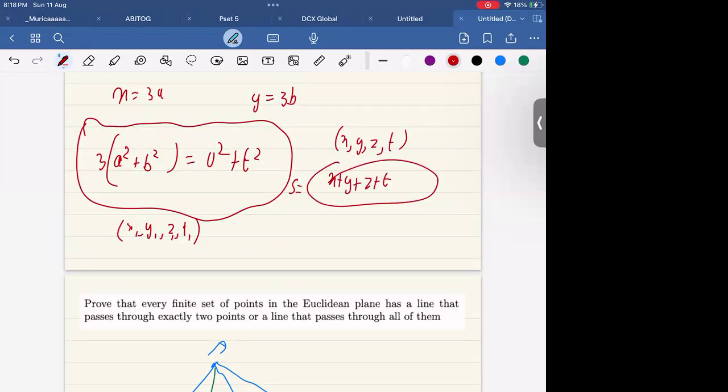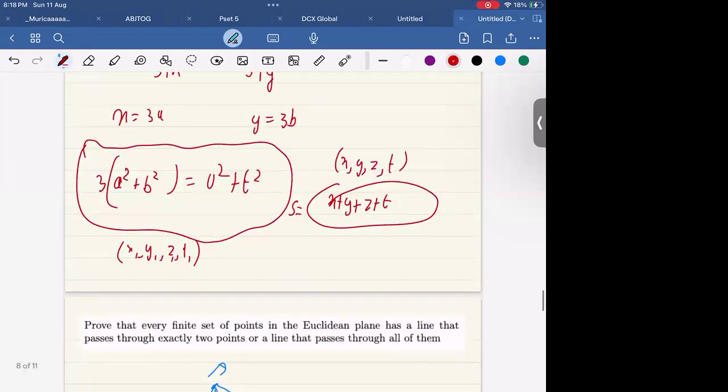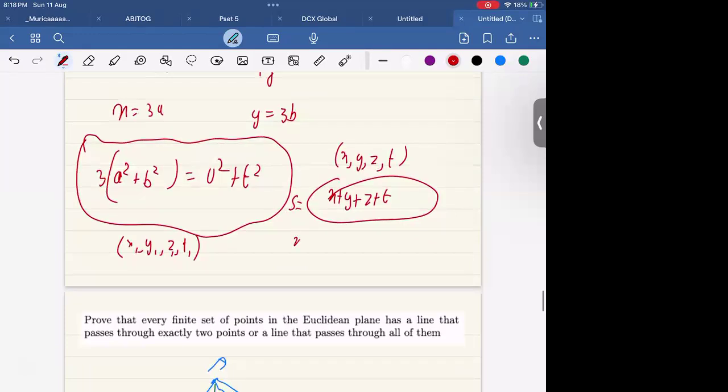But through our procedure, we get that z, t, x by 3, y by 3 also is a solution, right? But we know that the sum of these elements is less than the sum of these elements. But due to our assumption of minimality, that's a contradiction. So yeah, that's a nice way to put it.